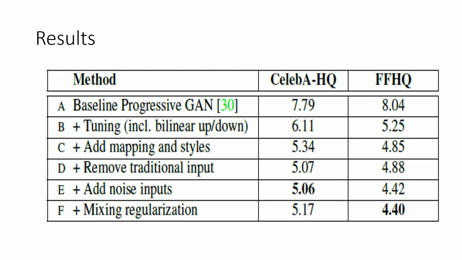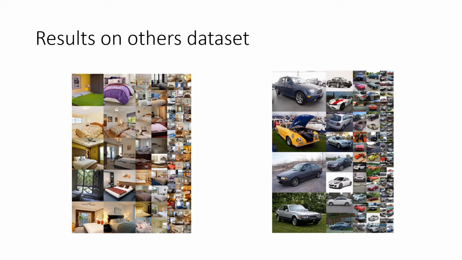This experiment also demonstrated that the FFHQ dataset achieved a better FID score compared to the CelebA-HQ dataset. The paper also presents its results in two other datasets of bedroom images and car images.